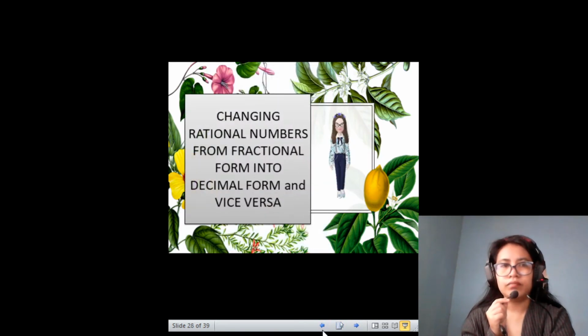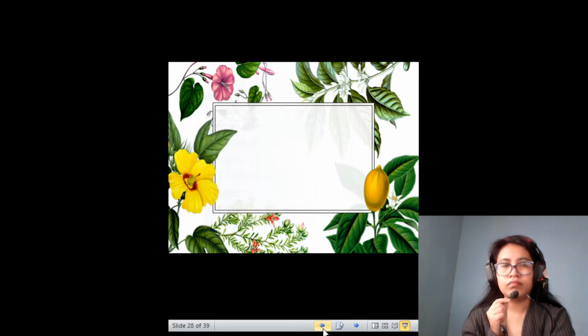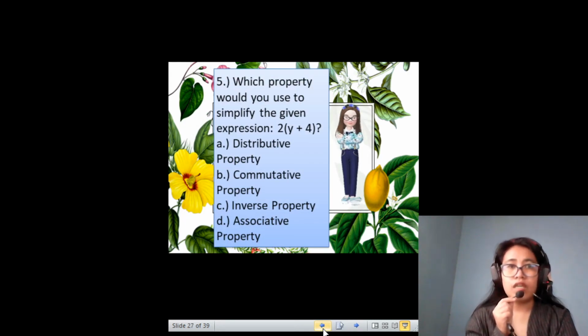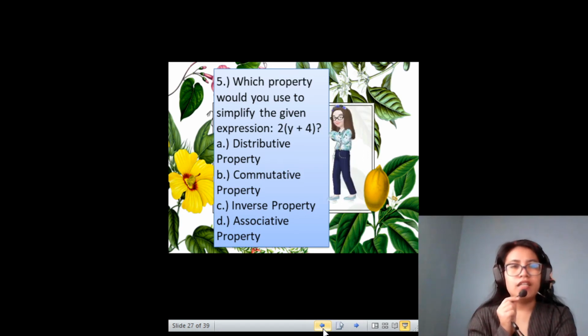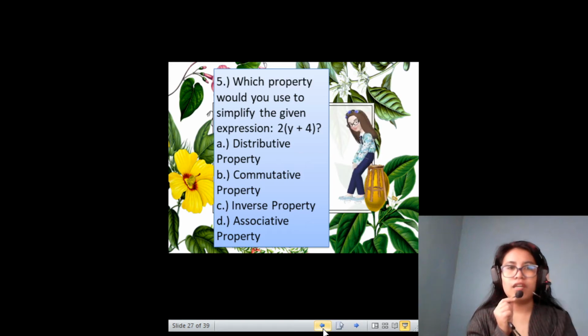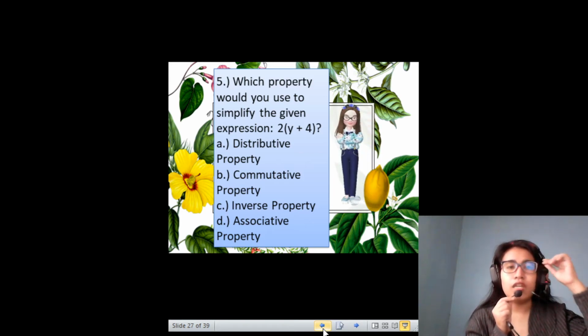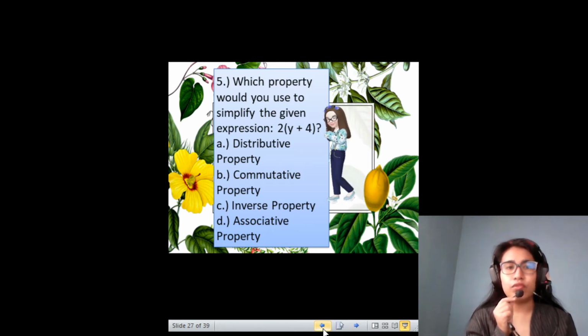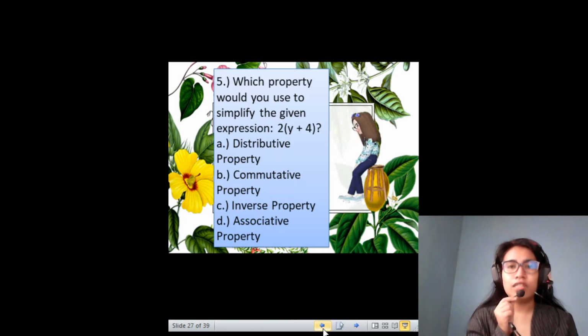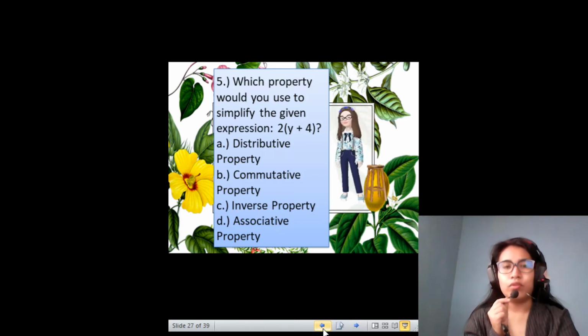Next, for the last one, which property would you use to simplify the given expression to quantity y plus 4? Letter A, distributive property. Letter B, commutative property. Letter C, inverse property. Letter D, associative property.